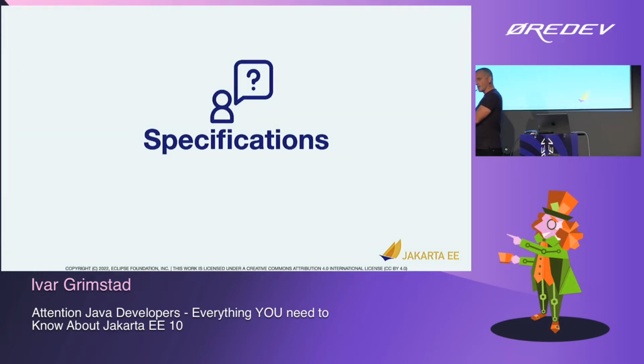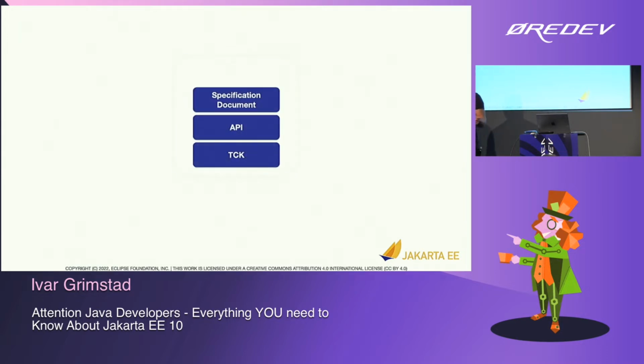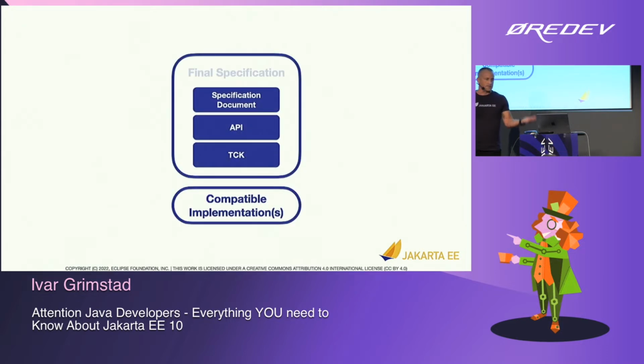But when we talk about Jakarta and Jakarta EE, what we talk about is specifications. And I just want to go through a little bit what specifications are and how we treat specifications at Eclipse Foundation. The specifications in Jakarta EE are typically a document, a PDF or HTML file that describes the technology with some requirements that have to be fulfilled in order to implement the specification.